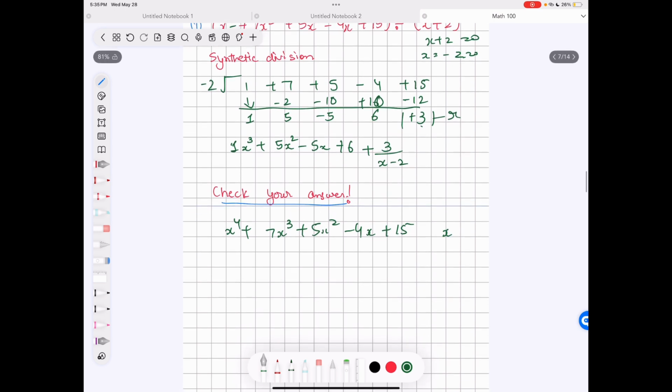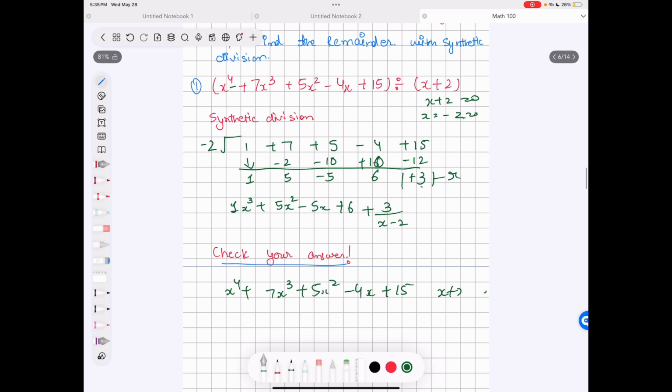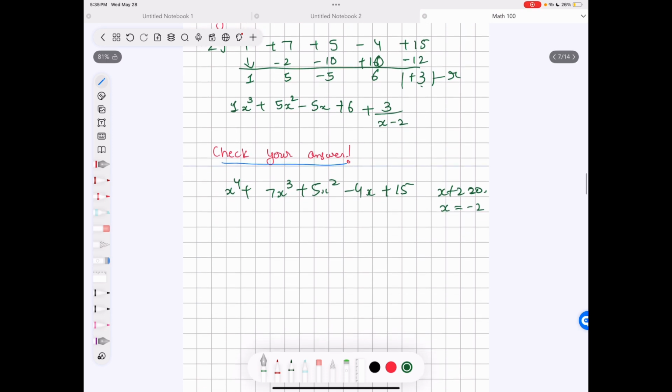And x was equal to minus 2, equal to 0. So we had x plus 2 here. I'm gonna set it equal to 0. So it's gonna be x is equal to minus 2. So I'm gonna plug minus 2 into here.